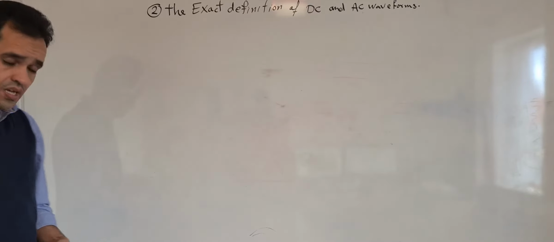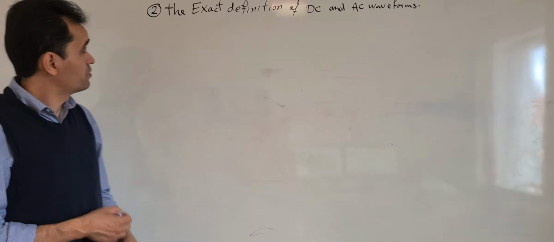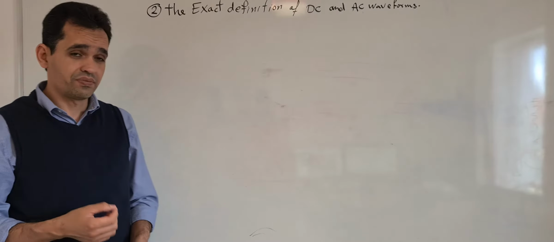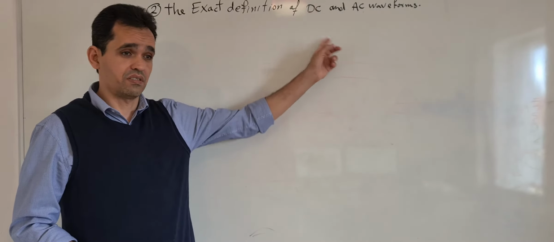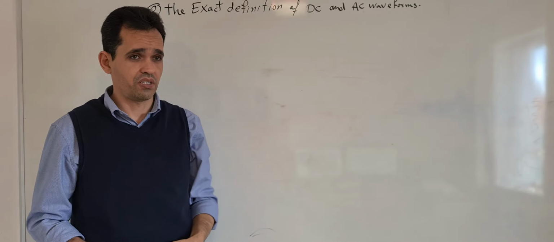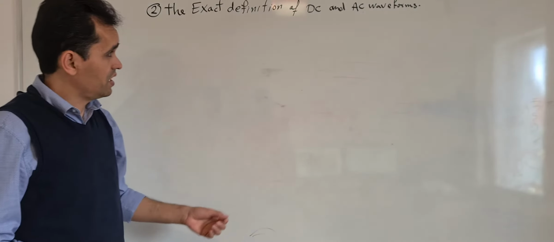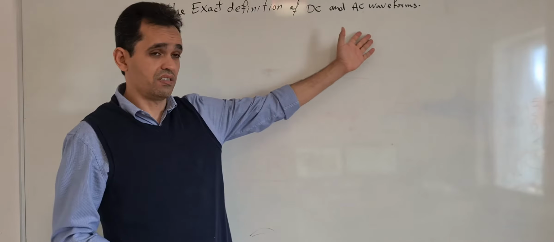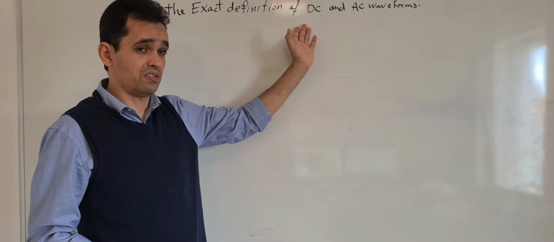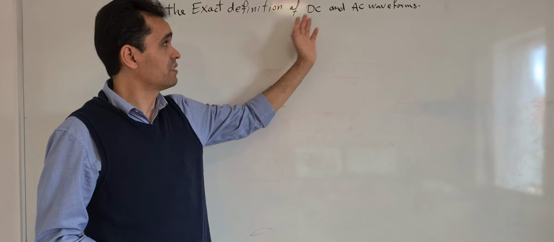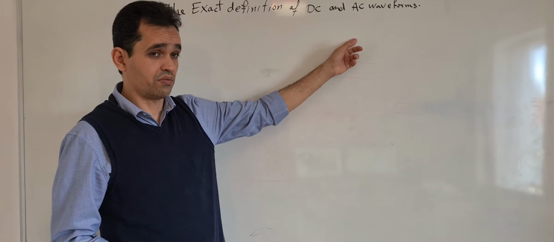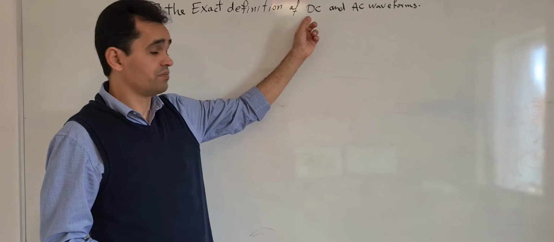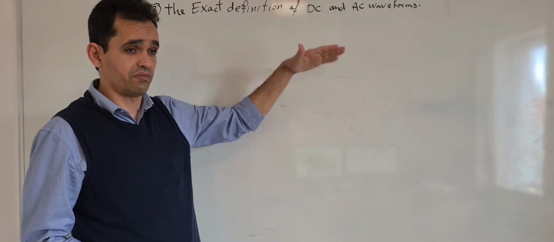Okay. We will look now to the exact definition of DC and AC. And it's very important to clarify it now before we start power electronics, because sometimes we need to convert from AC wave to DC, and sometimes from DC to AC, and sometimes from AC to AC with different frequencies, or from DC to another DC level.